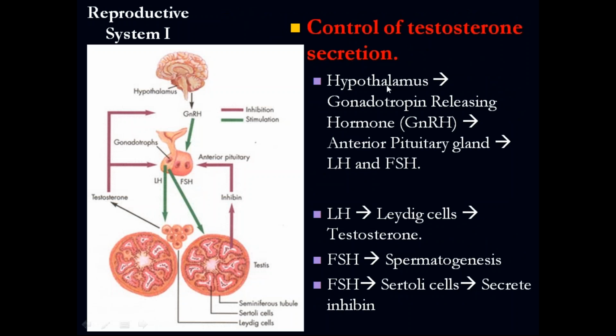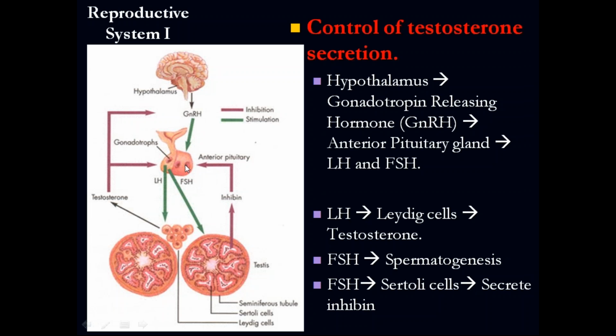All right, so here we have the control of testosterone, how it's going to happen. The hypothalamus is going to release the gonadotropin releasing hormone. It goes to the anterior pituitary gland, which has the FSH and the LH.